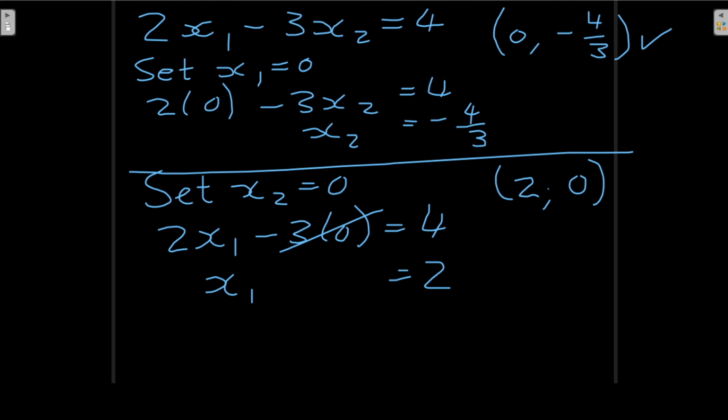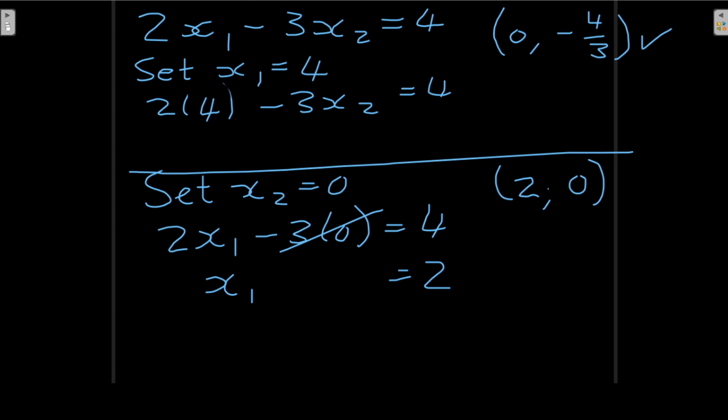So in a case like this, we choose any other value for x1 that will give us a point in the first quadrant. So I'm going to choose that my x1 is equal to 4. So if I choose this x1 equal to 4, then I have 2 times 4 minus 3 times x2 is equal to 4.